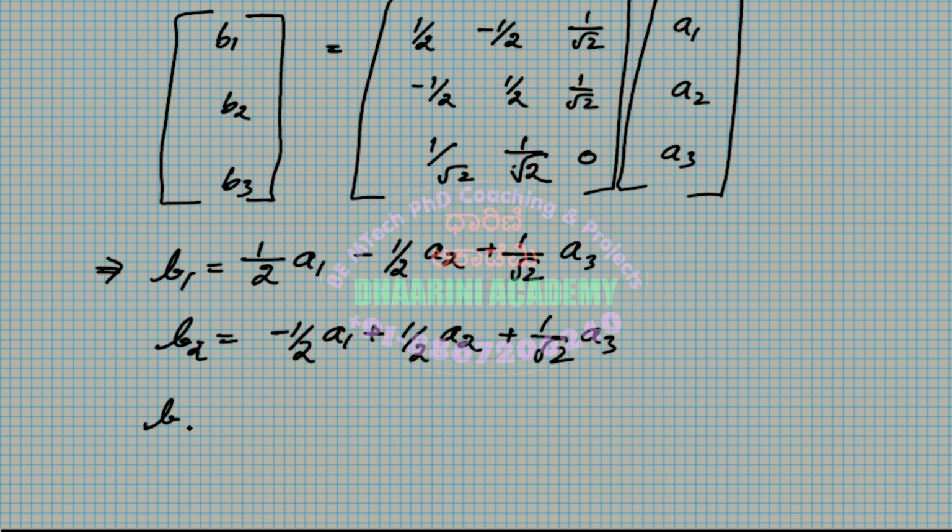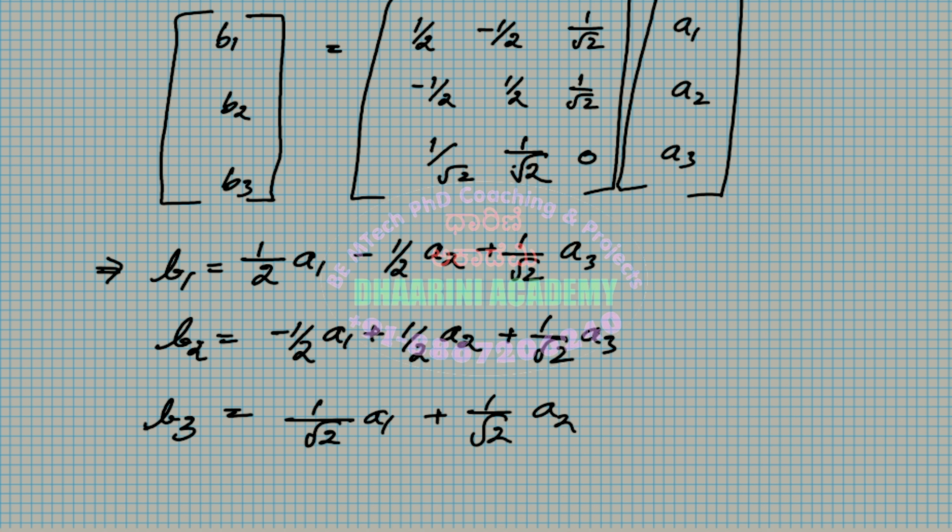And what should be B3? B3 is equal to 1 by root 2 A1 plus 1 by root 2 A2. Okay, so just to understand, let us say A1 and A2 are zeros.